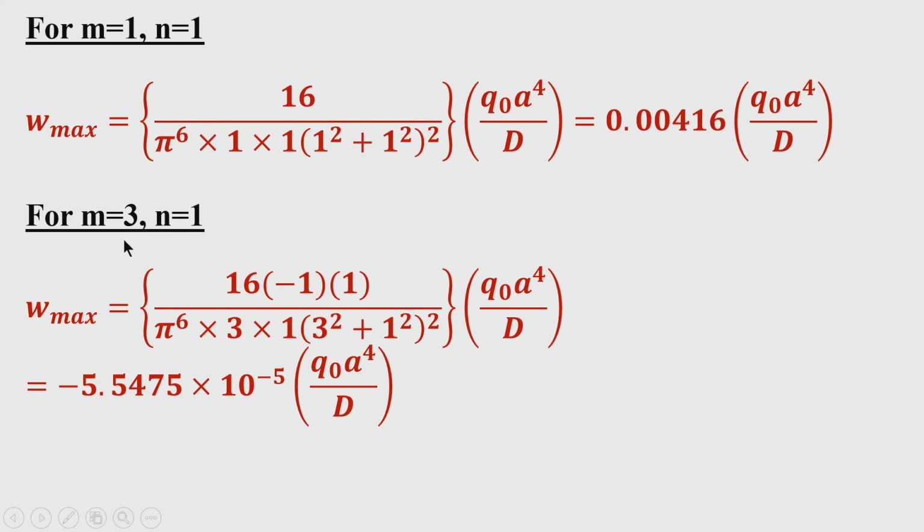Okay. Similarly, m is equal to 3, n is equal to 1. When you increase the number of half waves in the x direction, but the number of half waves in the y direction is 1, then again we get the center deflection as minus 5.5475 into 10 to the power minus 5 q naught a to the power 4 divided by D. Because the integers appear to a power in the denominator, the deflection will gradually decrease as you go to higher integers.